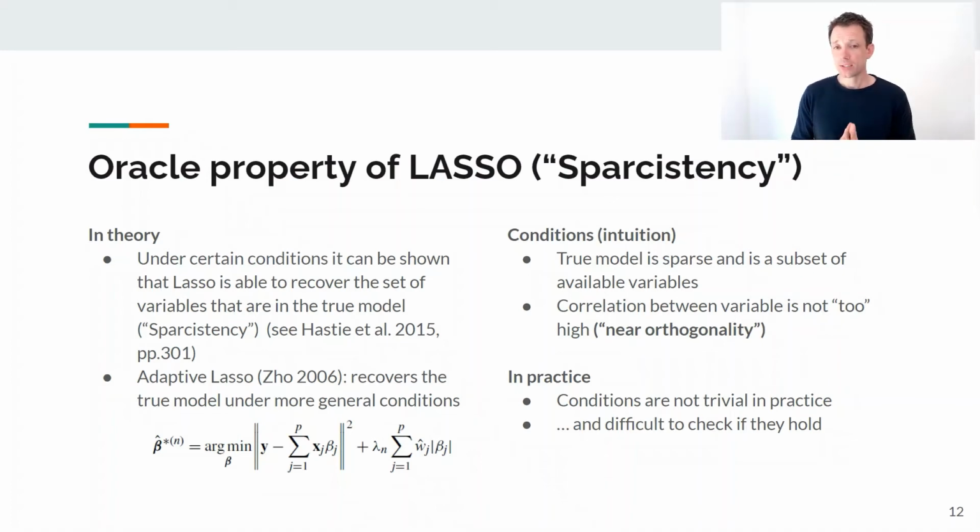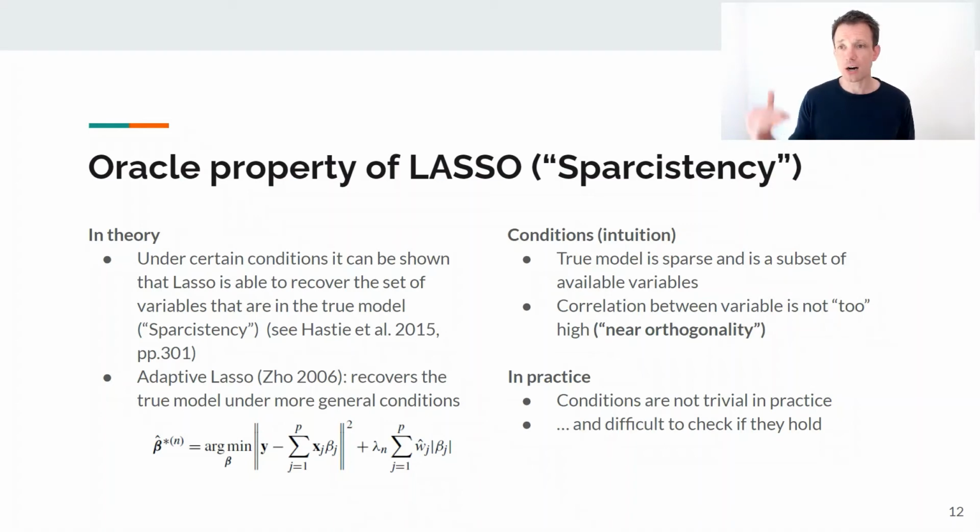So that is what the theory tells us. Under these conditions, Lasso will be able to recover the true model, the set of variables that are in the true model. The problem is that in practice these conditions are not trivial. Particularly this not-too-high property, you can assess in Monte Carlo simulations how high the correlation can be. And it turns out that it really cannot be too high.